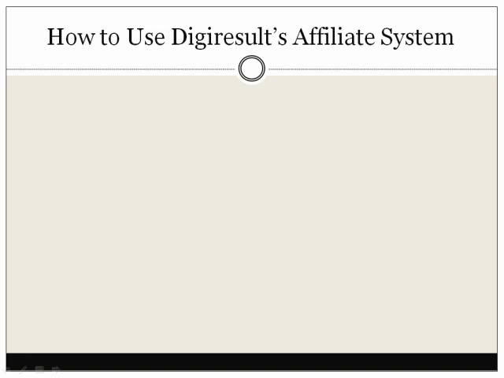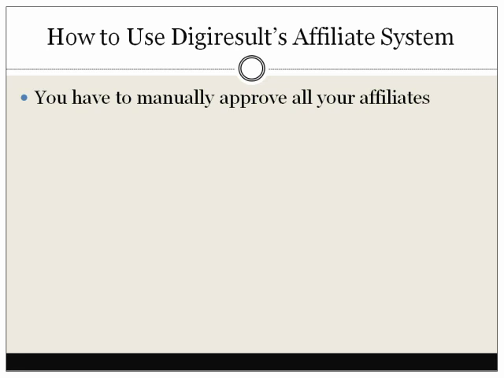So let's talk about how to use the Digi Results affiliate system. You have to manually approve all of your affiliates with Digi Results. And the good benefit about that is because you will get spammy affiliates that will apply to your Digi Results affiliate program.